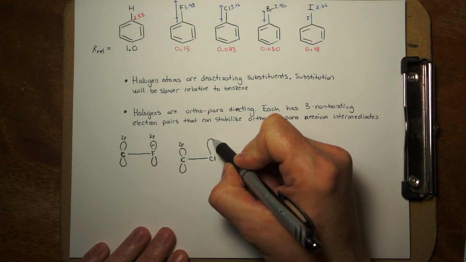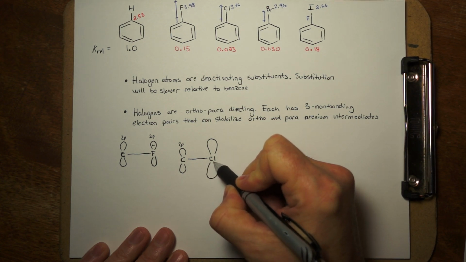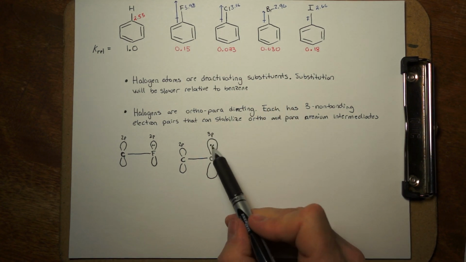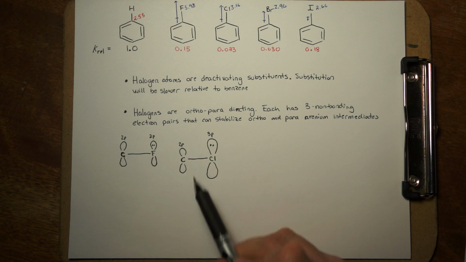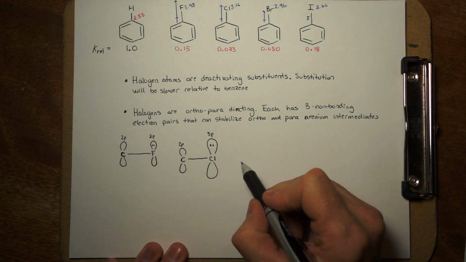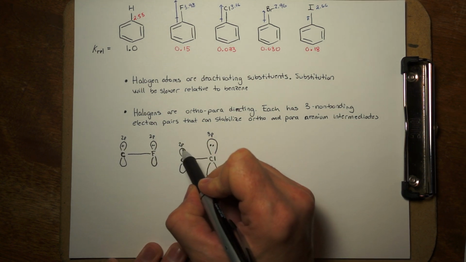So compared to the 2p orbital, the 3p orbital is going to be a little bigger. You would imagine if the 3p orbital is a little bigger, it might not be able to overlap as well with carbon.